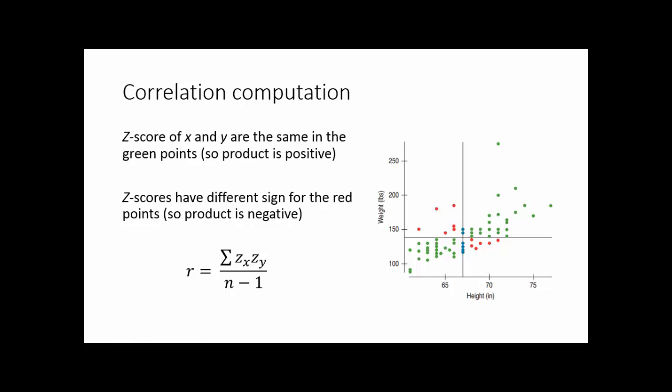Those are going to have a positive product. That's what I'm doing down here, multiplying zx times zy. I take each of these points and ask, what's your z-score? It's a positive z-score in height and a positive z-score in weight, so their product will be positive. Two positive numbers give a positive.